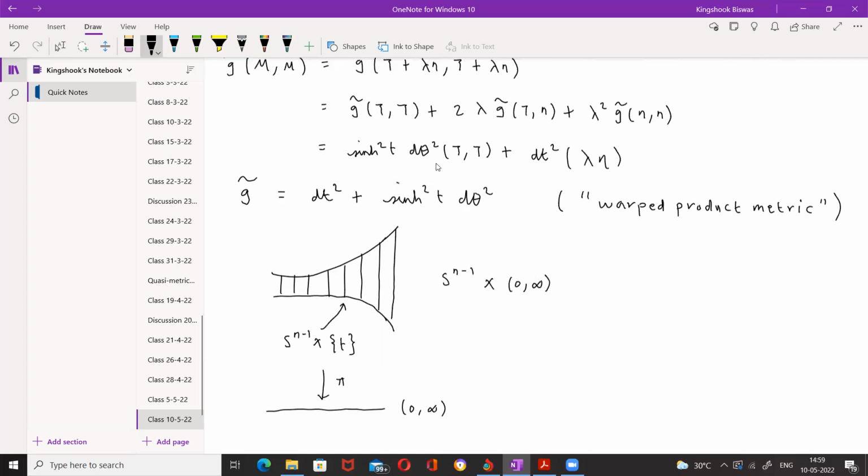So this is your π inverse of t. You see the picture?